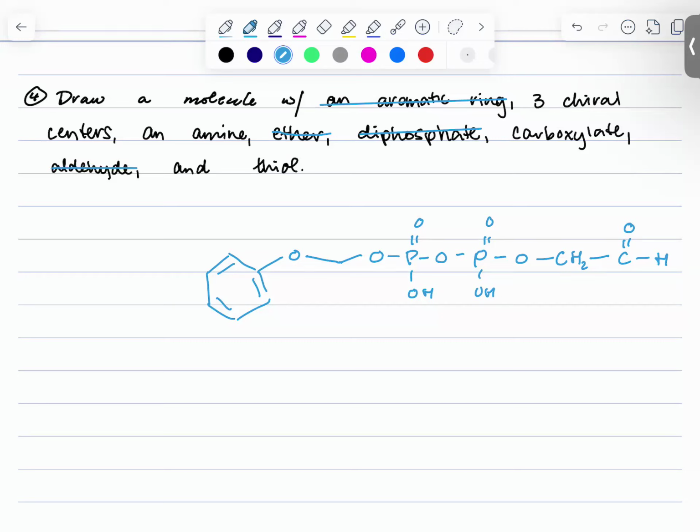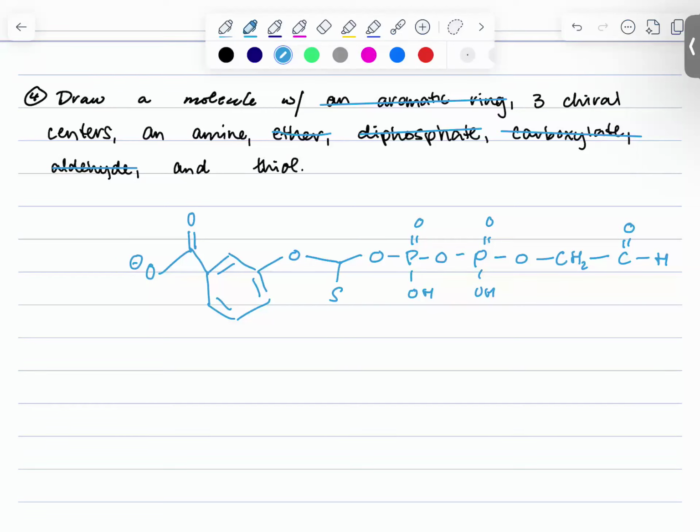I need an amine and a carboxylate. Carboxylate is just the deprotonated version of a carboxylic acid. So I'll add that over here. Done. Then I need an amine and a thiol. I also need to remember to do those 3 chiral centers.